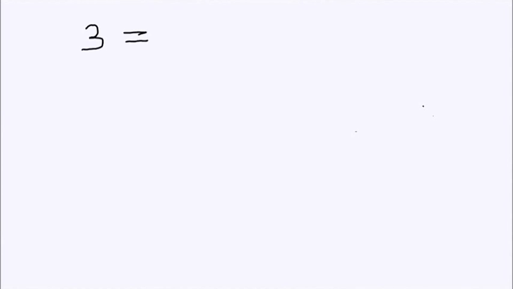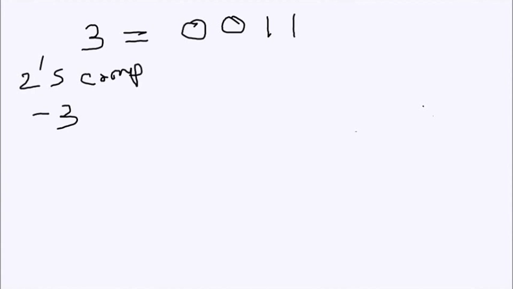It will be a 4-bit representation, so 0 0 1 1, this is positive 3. Negative 3 in 2's complement representation will be just the 2's complement of that, so this is 1, this is 0, this is 1 1.